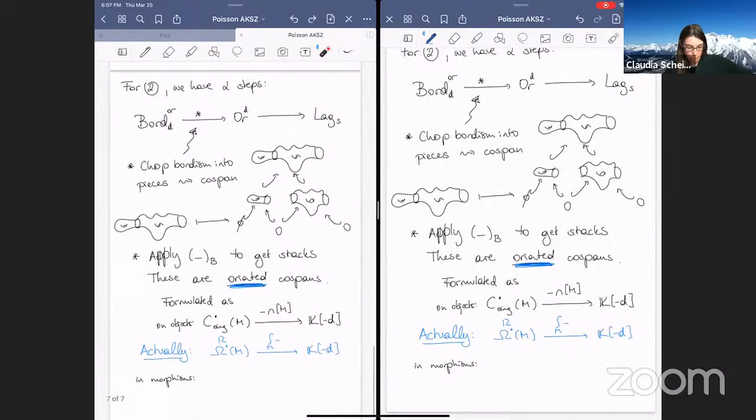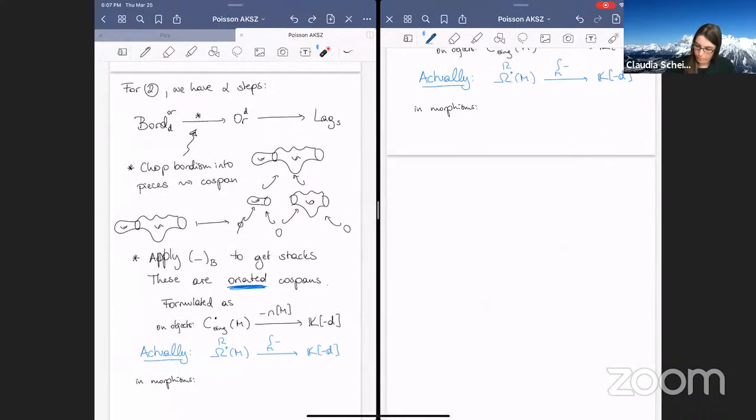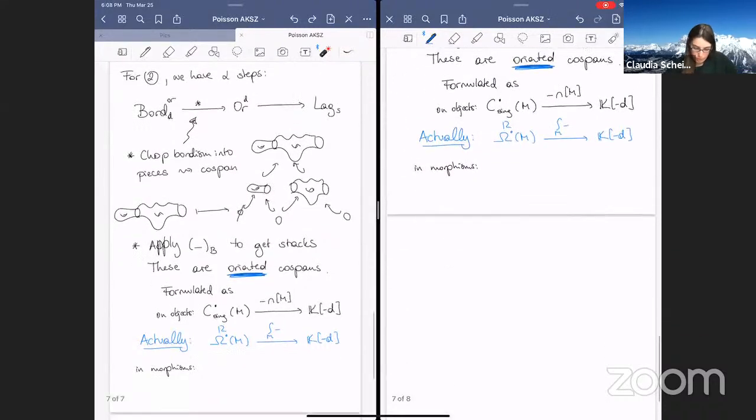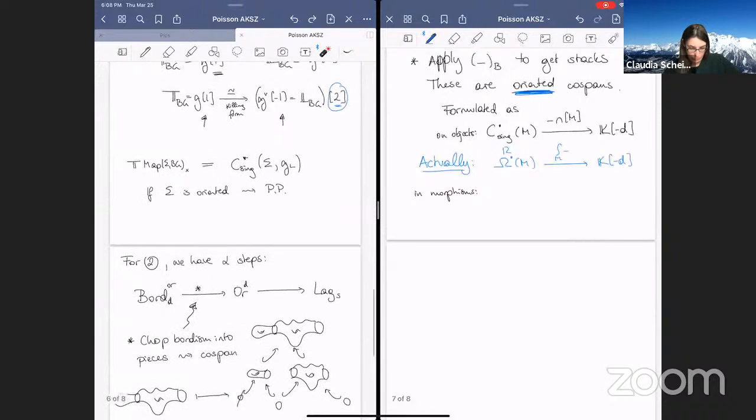But now what happens on morphisms? So on morphisms, I told you that I'm reformulating things in terms of these cospans. So I have to tell you what an orientation on such a cospan is. So on morphisms, what do I want to have there?